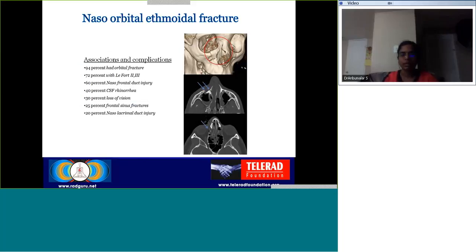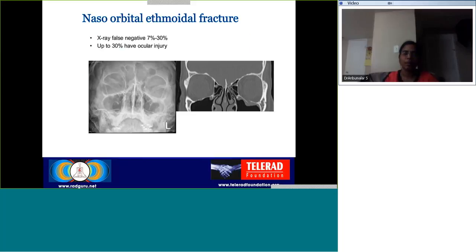And as I already mentioned, the nasofrontal duct and the nasolacrimal duct are along this process. So the injury is more likely, and the CSF rhinorrhea can take place, and the loss of vision, frontal sinus fractures are other associations of this fracture.